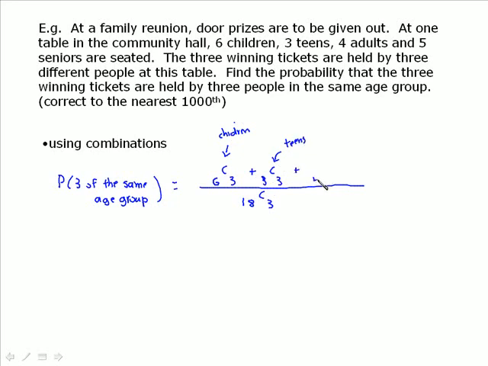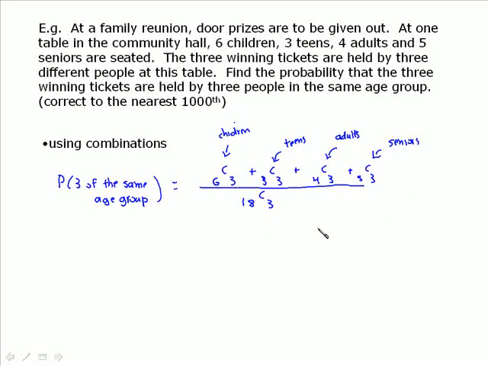To get the adults would be 4 choose 3. And then finally the seniors, 5 seniors would be 5 choose 3. So it's a little faster than the other method.